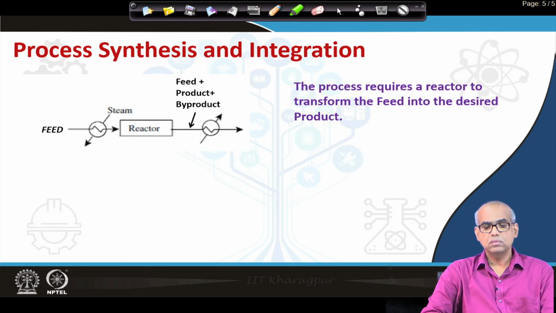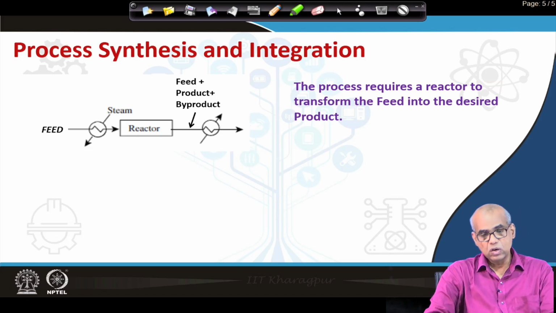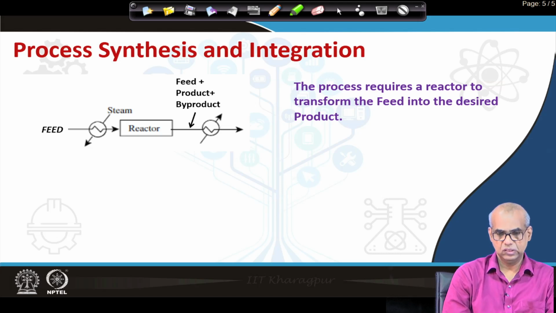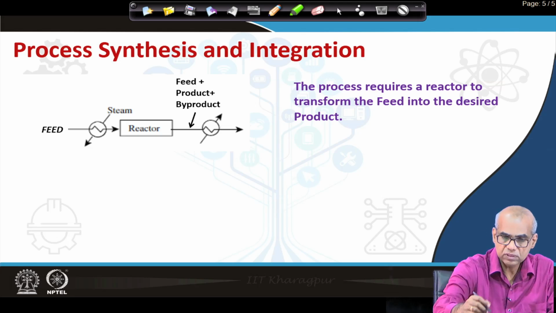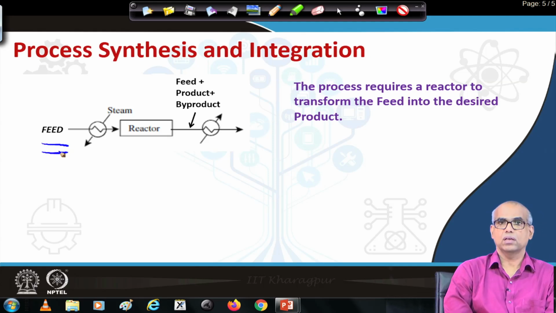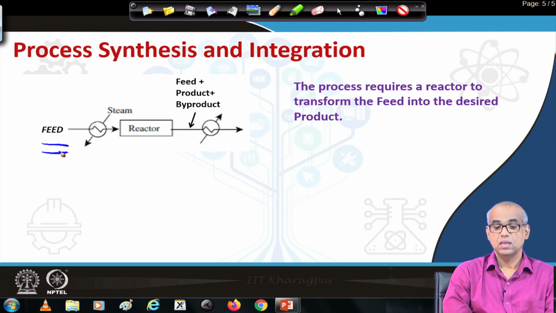Now, let us look at this process synthesis and integration in slightly more detail. Look at the flow sheet. The process uses a reactor to transform the feed into desired product, but it may not be possible to convert all the feed into the desired product.